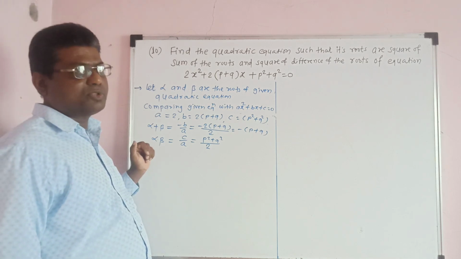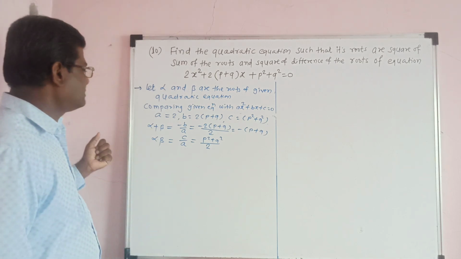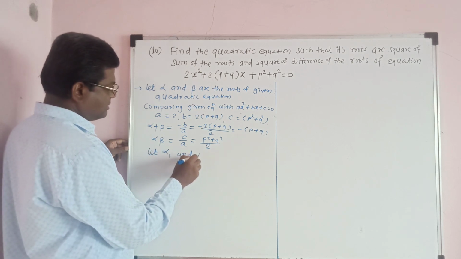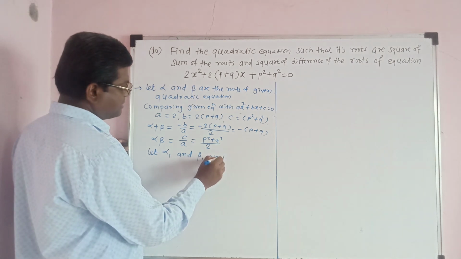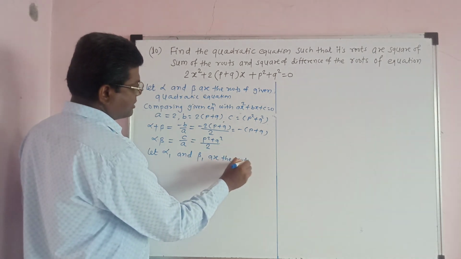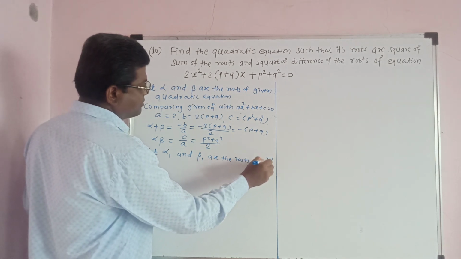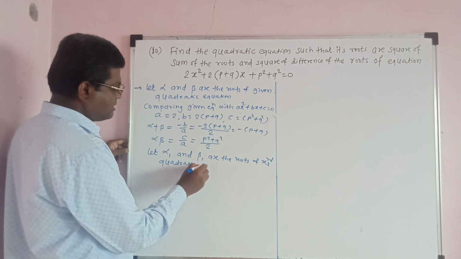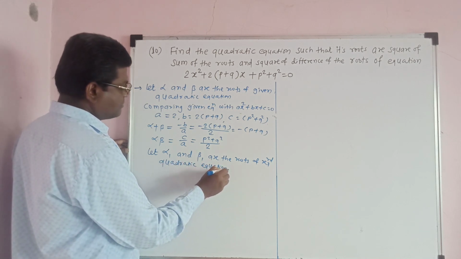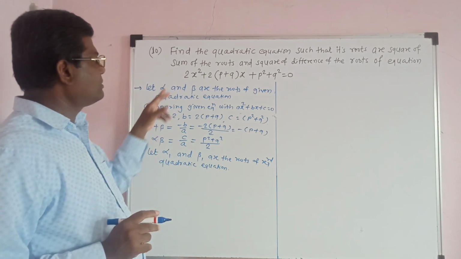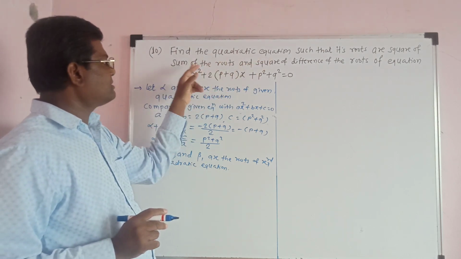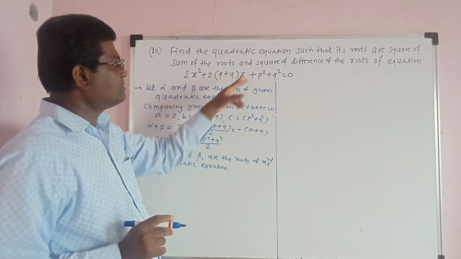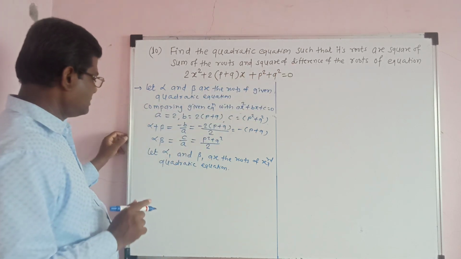Now let us find the roots of the required quadratic equation. Let alpha 1 and beta 1 be the roots of the required quadratic equation, where alpha 1 is the square of the sum of roots, and beta 1 is the square of the difference of roots.